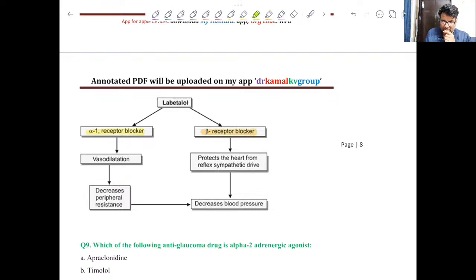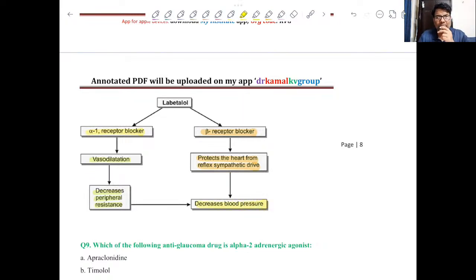With alpha 1 receptor blockade, we just discussed that there is vasodilation, smooth muscle relaxation, so there is a fall in peripheral resistance. On the other hand, by inhibiting the beta receptors, it diminishes the sympathetic activity over the heart, so it protects the heart from reflex sympathetic drive, and collectively the effect is a fall in blood pressure.